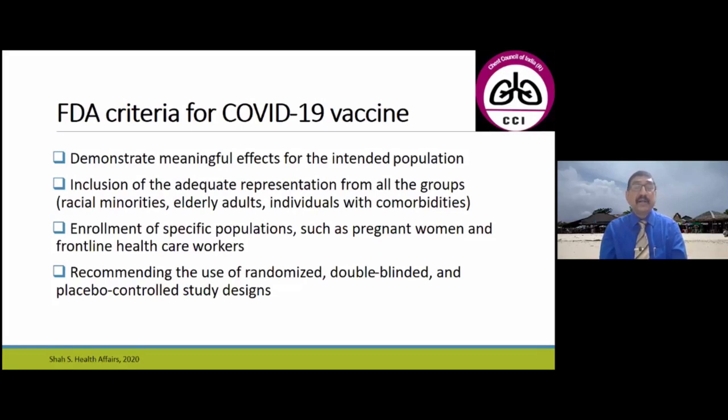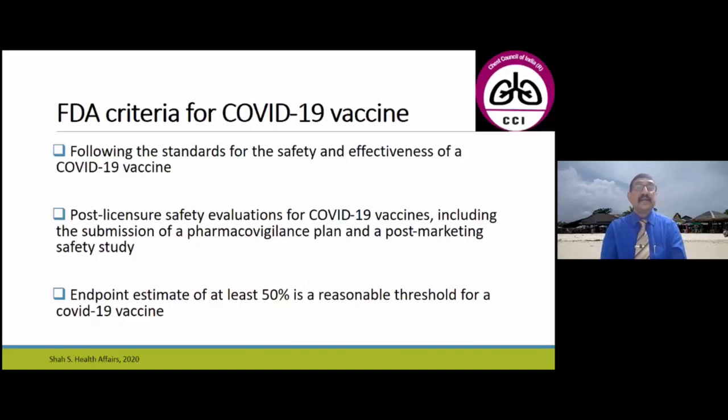They recommend randomized, double-blind, placebo-controlled study designs, following the standards for safety and effectiveness of a COVID-19 vaccine, and post-license safety evaluations, including submission of a pharmacovigilance plan and post-marketing safety study. An endpoint estimate of at least 50% is a reasonable threshold for a COVID-19 vaccine. This is the FDA criteria formulated regarding COVID-19 vaccines.